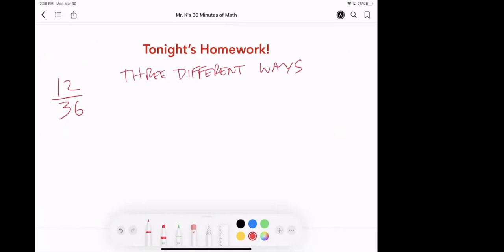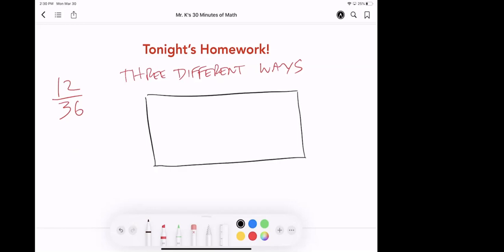So let's start with 1236. So let's say I set it up like this. I'm going to start, this will be the simplest way. I'm going to have 2 rows and I need 36 pieces.